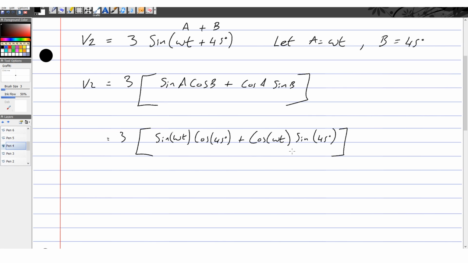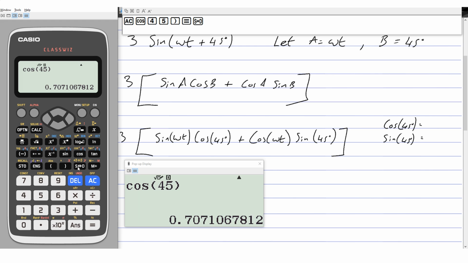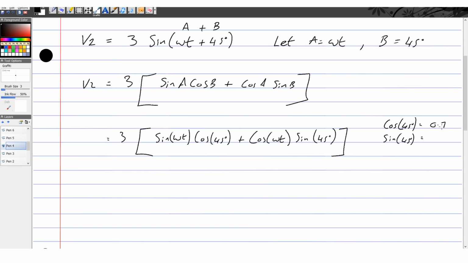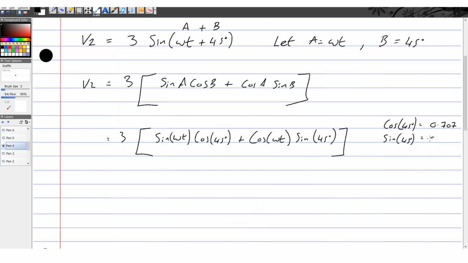So on the calculator, we need to work out what the cosine of 45 degrees is and what the sine of 45 degrees is. So they're worth writing down. It makes it easier later on. So cosine of 45 degrees is equal to 0.707, and the sine of 45 degrees is also worth that.